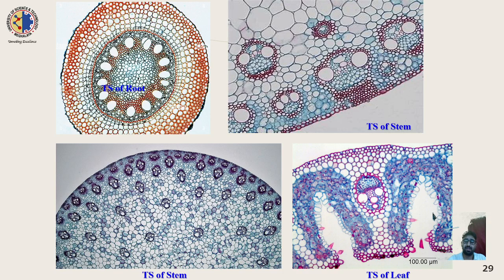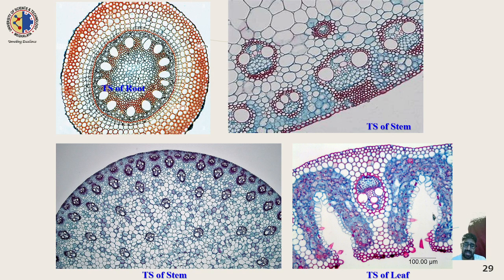In the third image, the TS of stem, there is no cortical zone, no endodermal zone, no pericycle, no pith area. Pith is completely absent, and it is a continuous mass of parenchymatous cells.